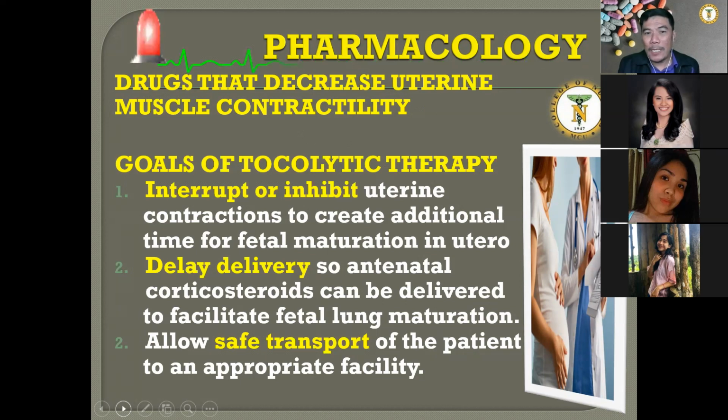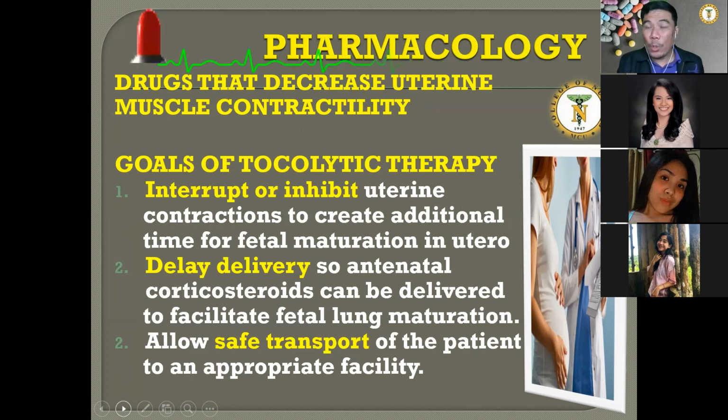Next is delayed delivery. Delaying delivery is to make the well-being of the fetus continue in the intrauterine life until it reaches the appropriate weeks of gestation. In preterm labor, there is already a continuous contraction that can no longer be avoided and the cervix has opened. Once the cervix opens, there is a possibility of preterm delivery.